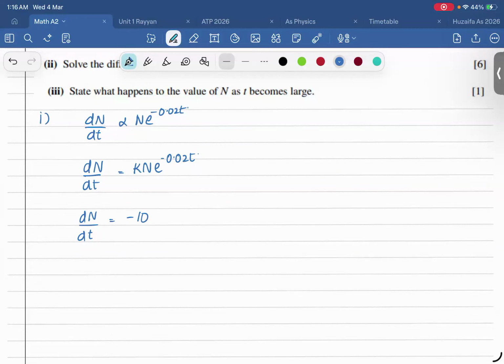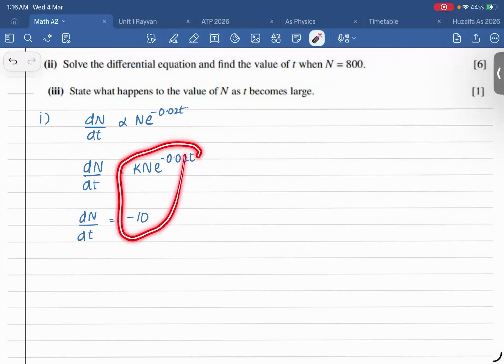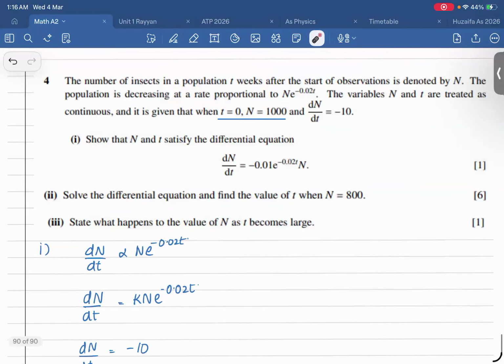So if you compare, the population is decreasing at the rate proportional to that.